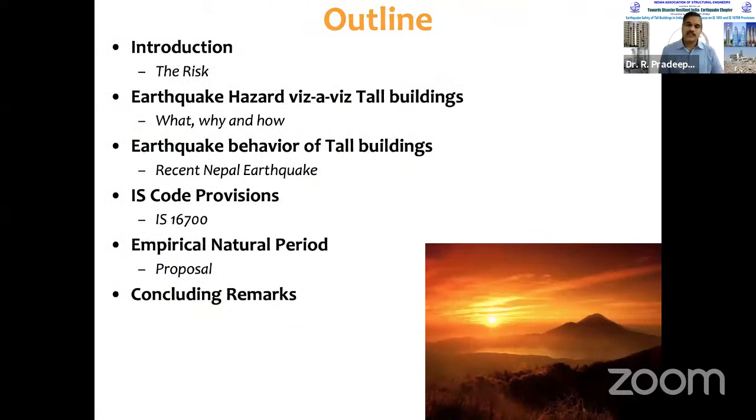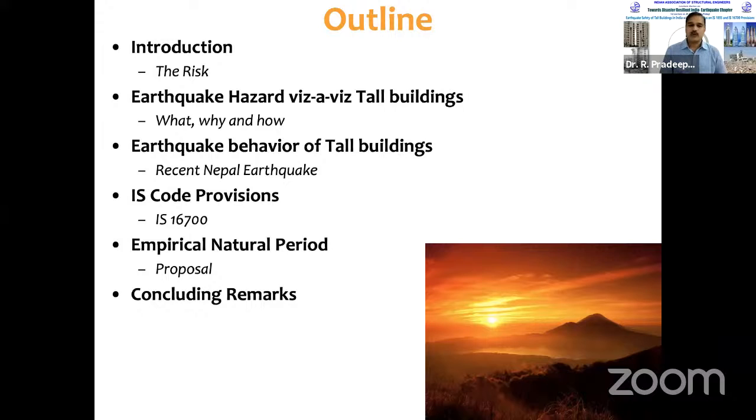Now, the outline of my presentation. First I will briefly discuss risk, and in detail I will discuss this in the second lecture. Then earthquake hazard estimation, or assessment of that hazard, vis-a-vis tall buildings. What we are going to talk about is what, why, and how of this earthquake hazard. Then the earthquake behavior of tall buildings, with some glimpses of what happened during the recent 2015 Nepal earthquake.